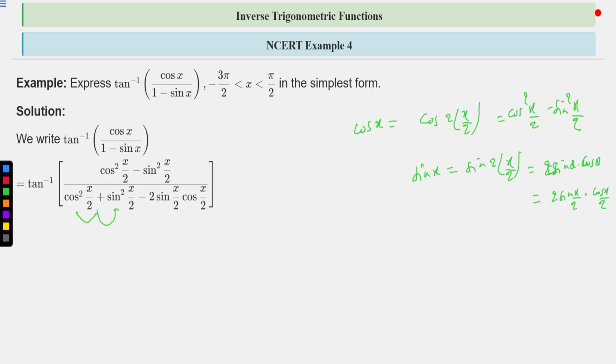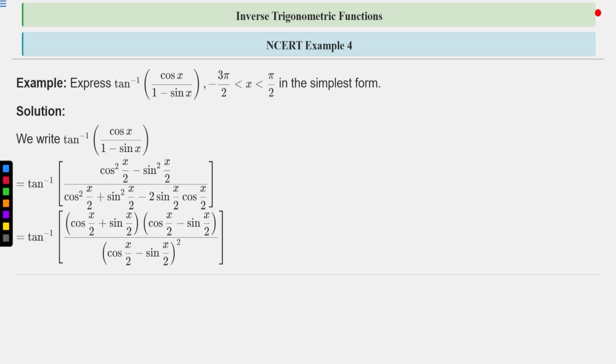Both are formulas, right? So, see, now the above expression, in the numerator, is basically cos square x by 2 minus sin square x by 2, which is like a square minus b square. You can write it as cos x by 2 plus sin x by 2 into cos x by 2 minus sin x by 2, which is a plus b into a minus b, upon, in the denominator, cos x by 2 minus sin x by 2 whole square, right?